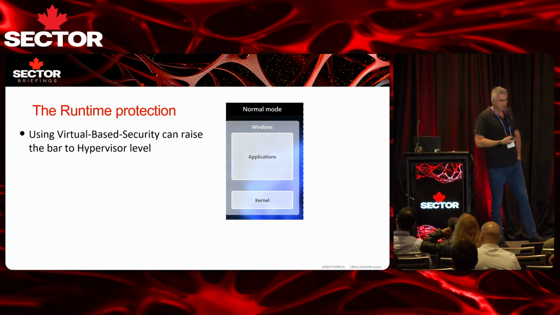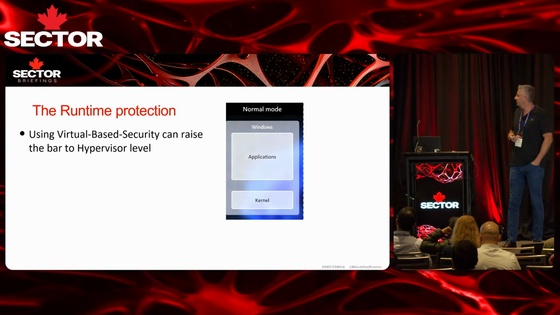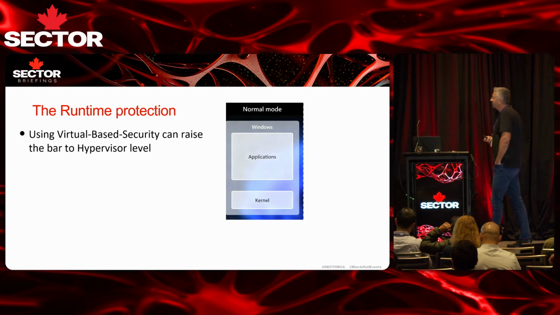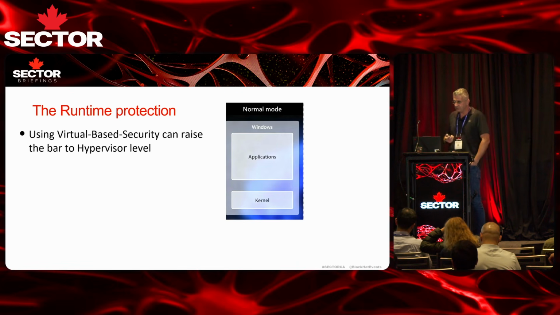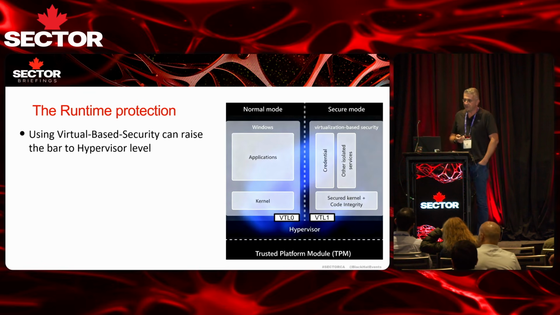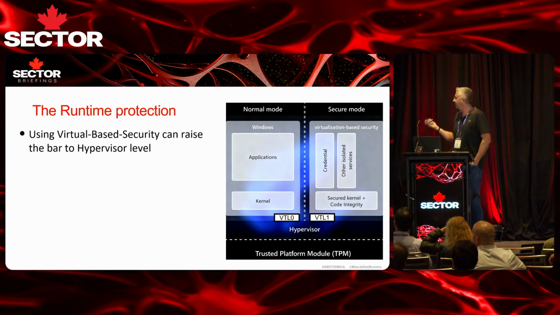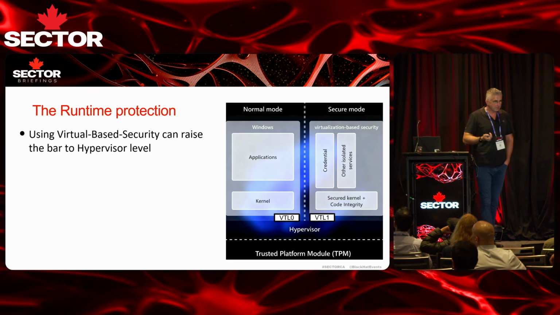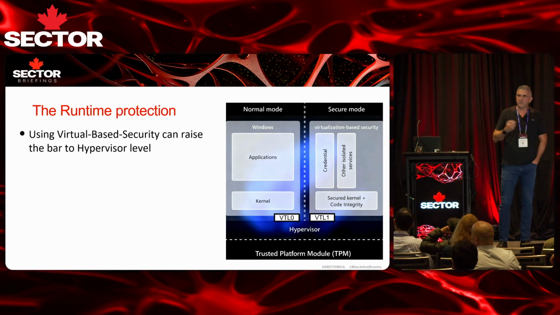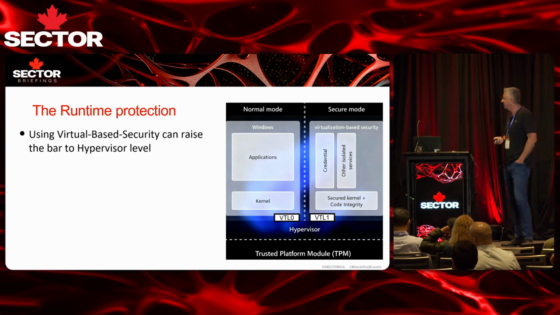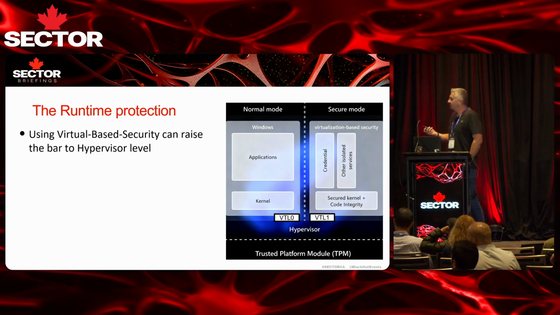One way to raise the security bar a little bit higher is to use something called virtualization-based security. Virtualization-based security introduces concepts like the secure kernel and virtual trust levels. Basically, all the regular stuff continues to run in VTL0, but you can run more sensitive stuff in VTL1.